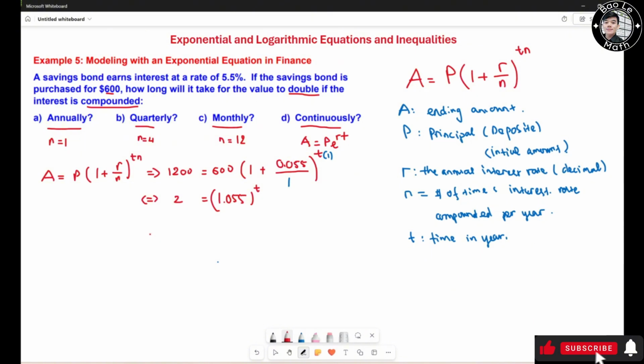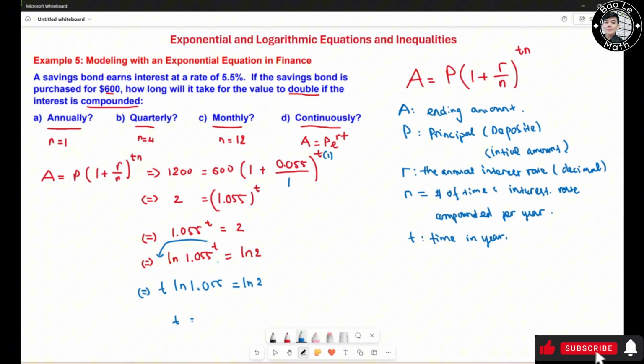And this is the same thing as 1.055 raised to the t equals 2. And then we just take the natural log of both sides, so natural log of 1.055 raised to the t equals natural log of 2. Alright, so t we can bring to the front, so it turns out to be t times natural log of 1.055 equals natural log of 2.